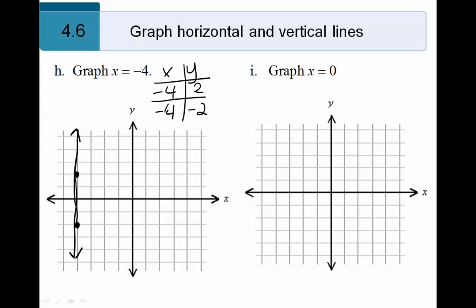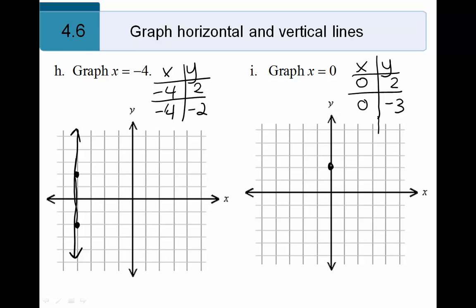Let's graph x is equal to 0. Well, let me think about it the same way. X has to be 0. Y can be anything. So let's just say it's 2 and -3. It doesn't matter what y is. Well, if x is 0, you're not moving left or right. So I'm just going to go up 2.